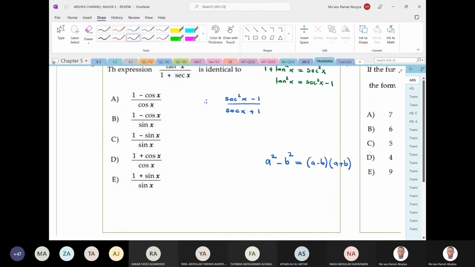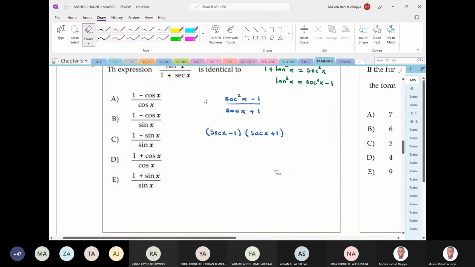For the numerator, we can write it as secant of x minus 1 multiplied by secant of x plus 1. And in the denominator, nothing is changing. We have it as secant of x plus 1.